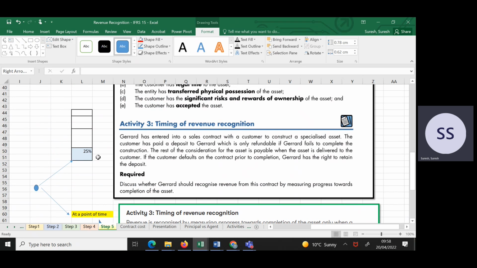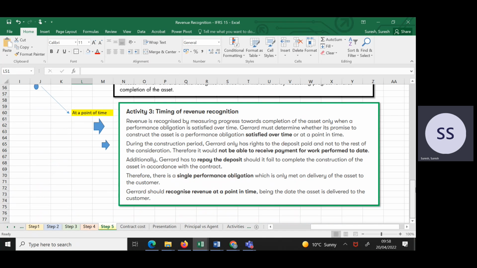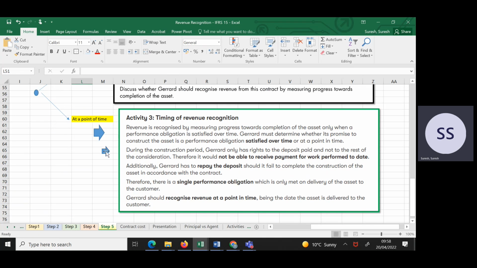Like if 25% of the work is completed, we can recognize 25% of the revenue, over a period of time based on the work completed, right? We can only do that when the performance obligation is satisfied over time.